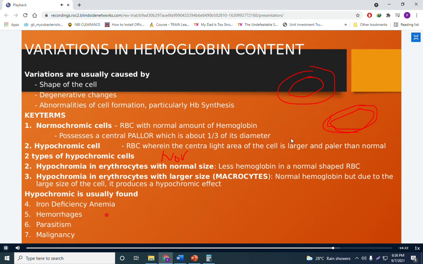Now, hypochromic cells are usually seen in IDA, hemorrhages, parasitism, and malignancy. Plus, can you give me examples of parasites that can cause hypochromia or anemia? Parasites class. Okay.